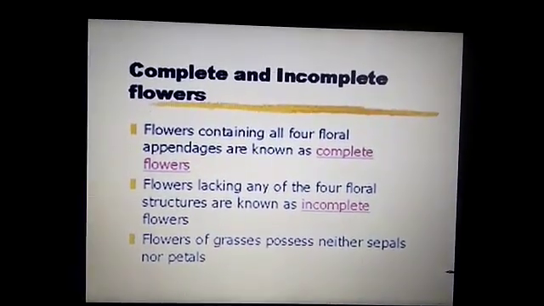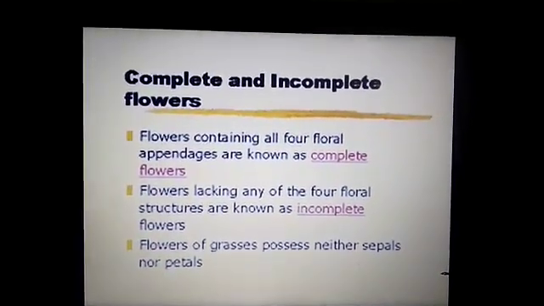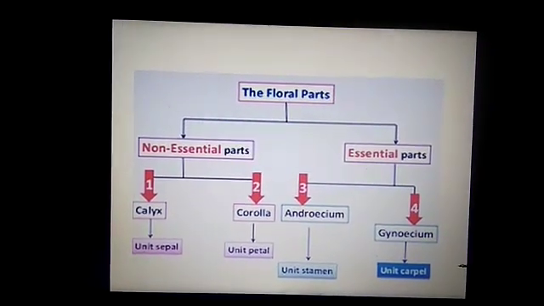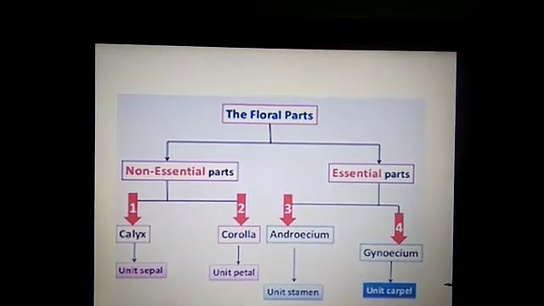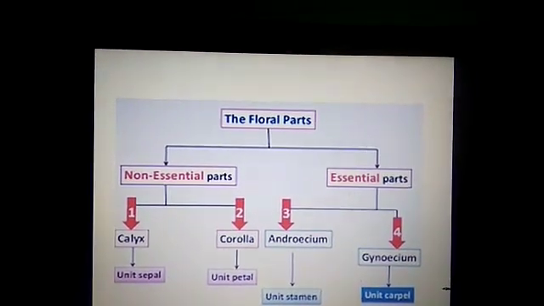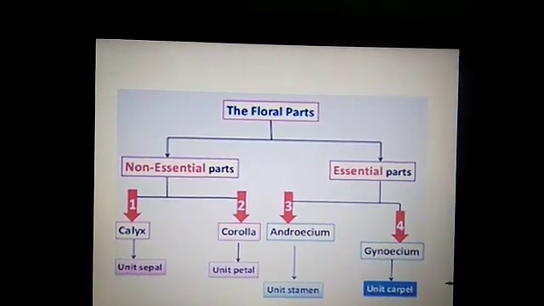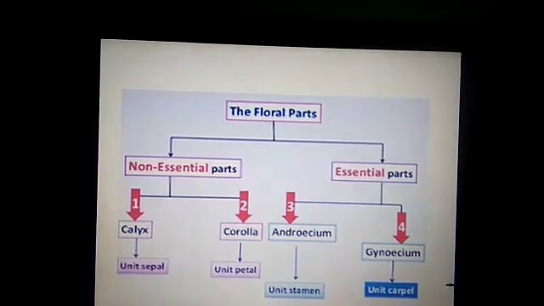There are also essential and non-essential parts of a flower. Essential parts are used for reproduction, and non-essential parts are not used for reproduction. The essential parts of a flower are those directly concerned with reproduction, and they consist of stamens, the male parts, and carpel, the female parts.